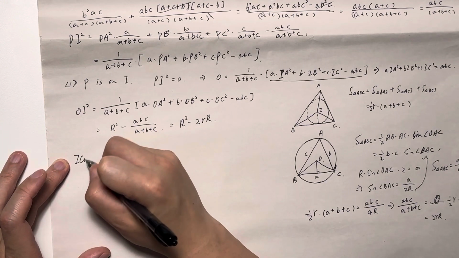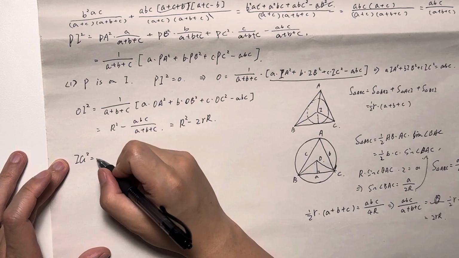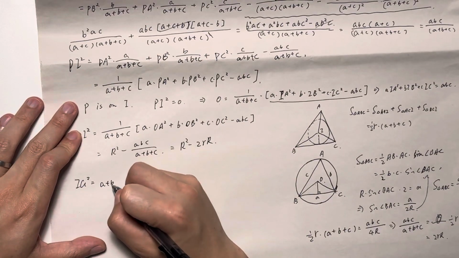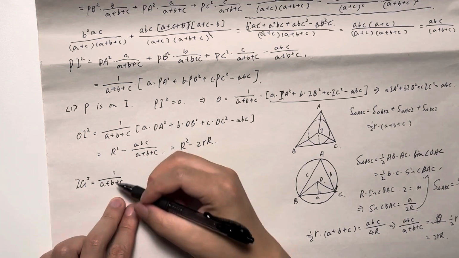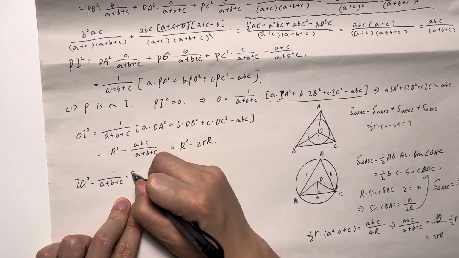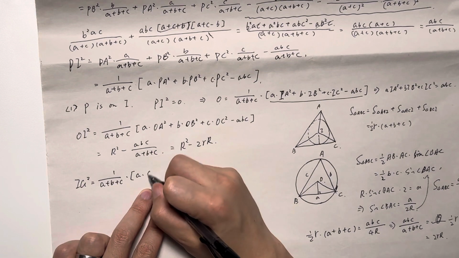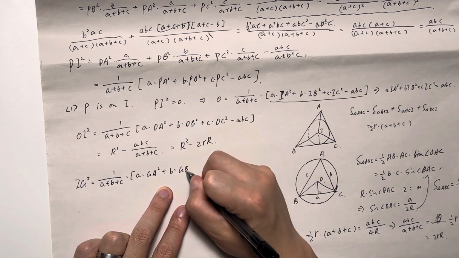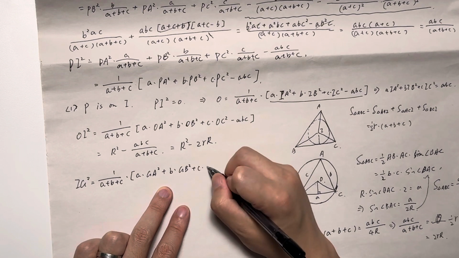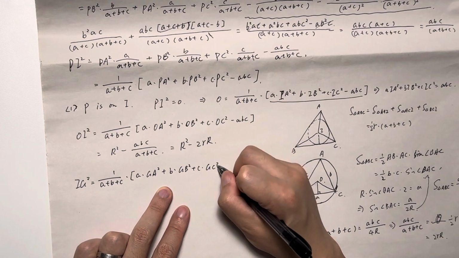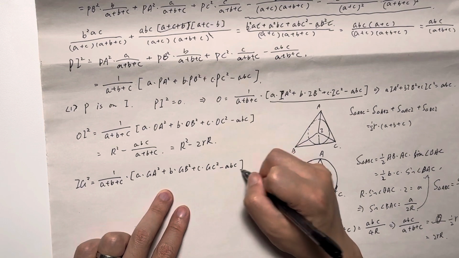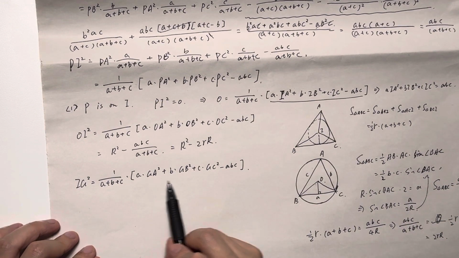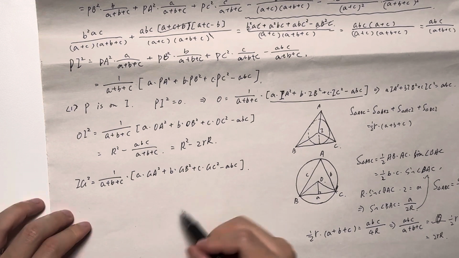Again, IG squared equals 1 over a plus b plus c times a times GA squared plus b times GB squared plus c times GC squared minus abc.